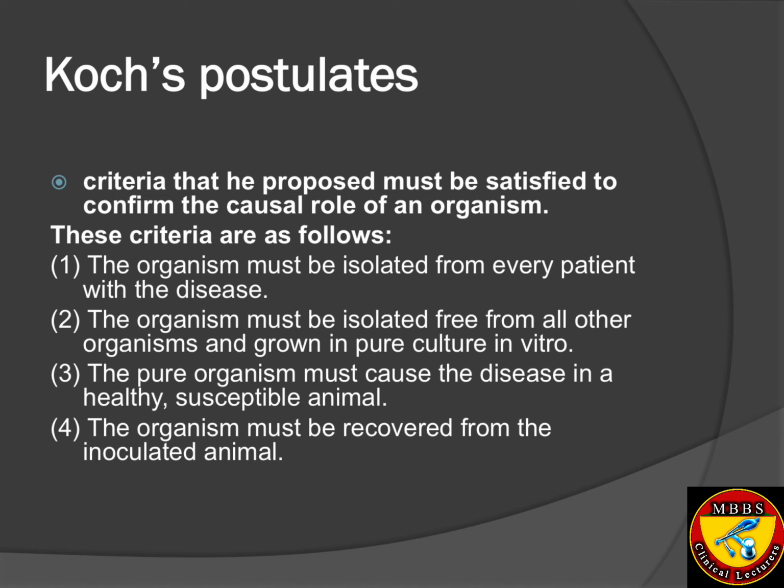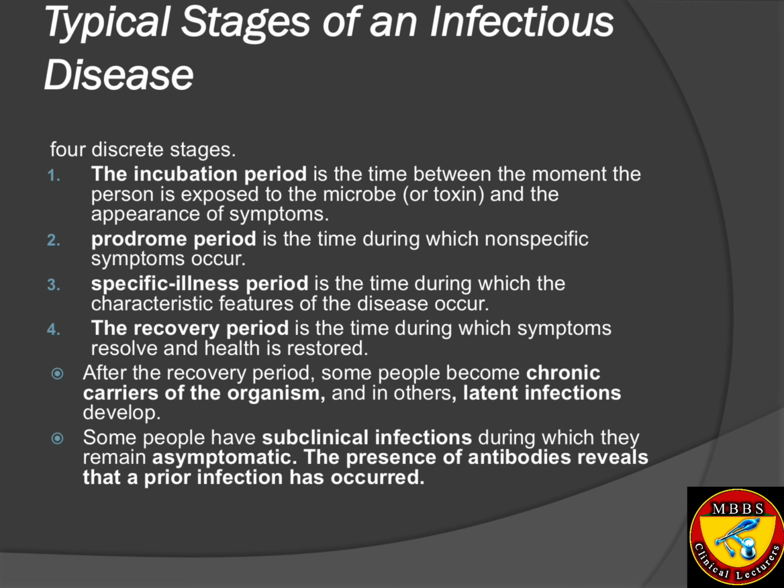And this pure organism which is produced in culture must be able to cause the disease in a healthy susceptible animal or human, and this organism must be recovered from the inoculated animal. These four factors are part of Koch's postulates. This leads to four discrete stages which we already discussed: the incubation period, the prodromal period, the specific illness period, and the recovery period.